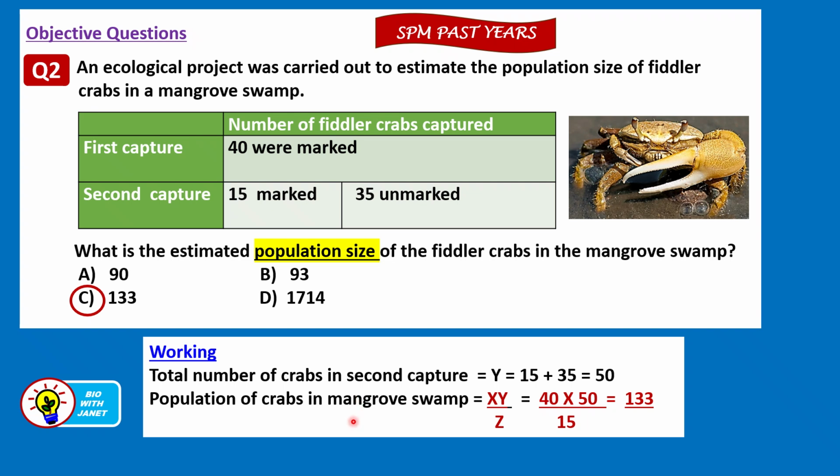Now, the population of fiddler crabs in the mangrove swamp equals X times Y per Z, or P times Q per R, whichever one. But you must know that X stands for the number of fiddler crabs in the first capture, which is all marked, so that's 40. Y is the total number of crabs in the second capture, which is 50, not 35. And then the number of marked crabs in the second capture is 15. So the answer is 133.